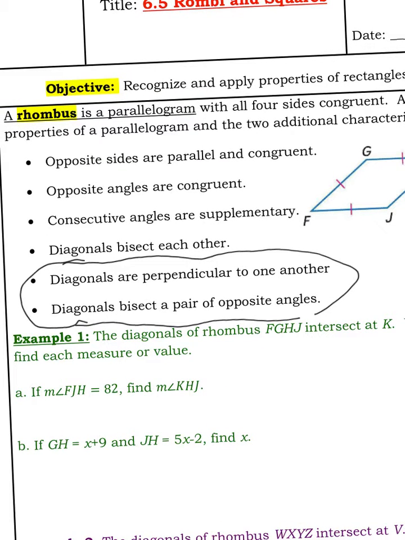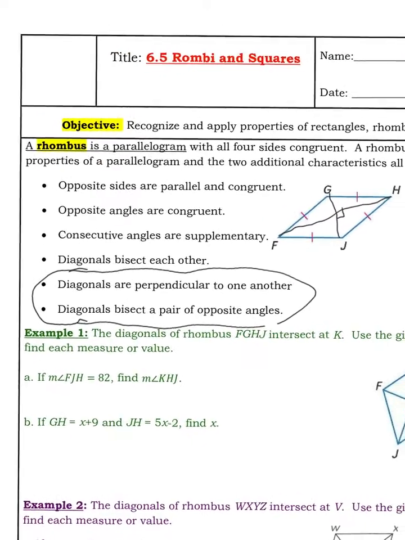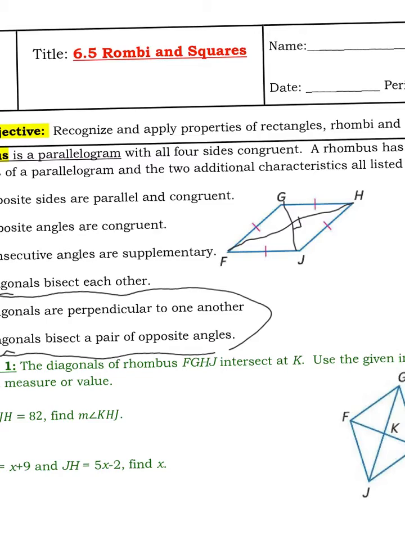So remember, that means their diagonals will make a right angle when they intersect. Okay, so here I have a diagonal, here I have a diagonal, and so if they're perpendicular to one another, they make a right angle. And then the diagonals bisect a pair of opposite angles.